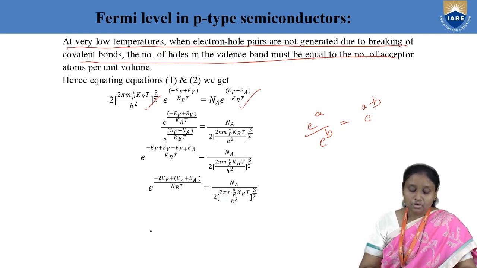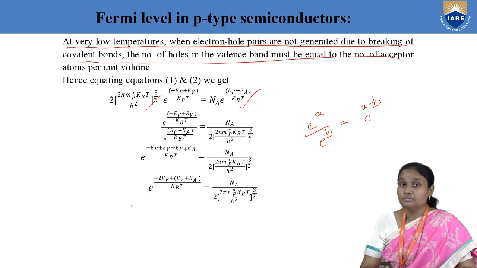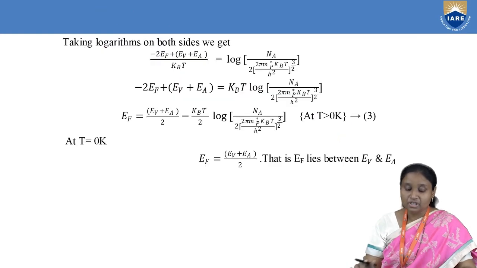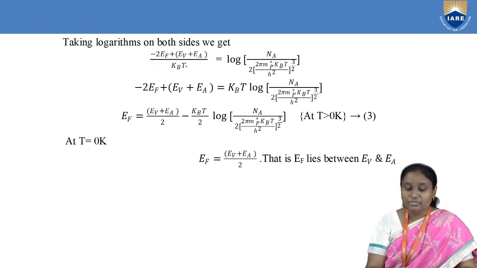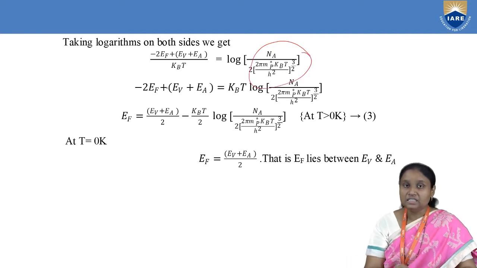Now I'll try to remove this exponential term. To remove the exponential, I have to take logarithms on both sides. So I'll take the logarithm, and then I end up having minus 2EF plus EV plus EA by kBT equal to log of this particular constant term. Now I'm taking this kBT to the other side.